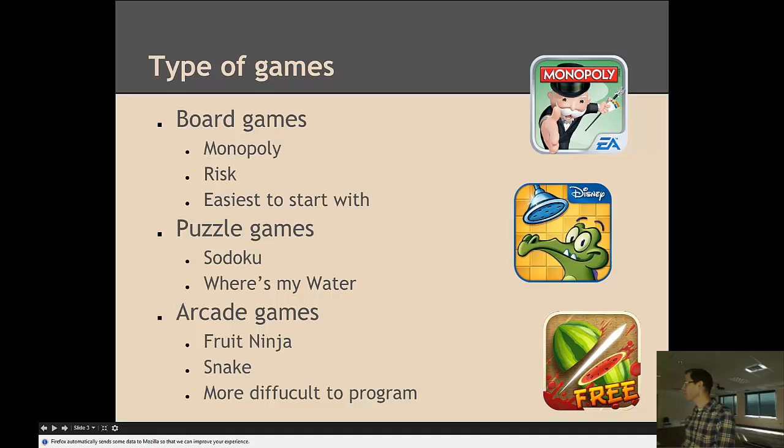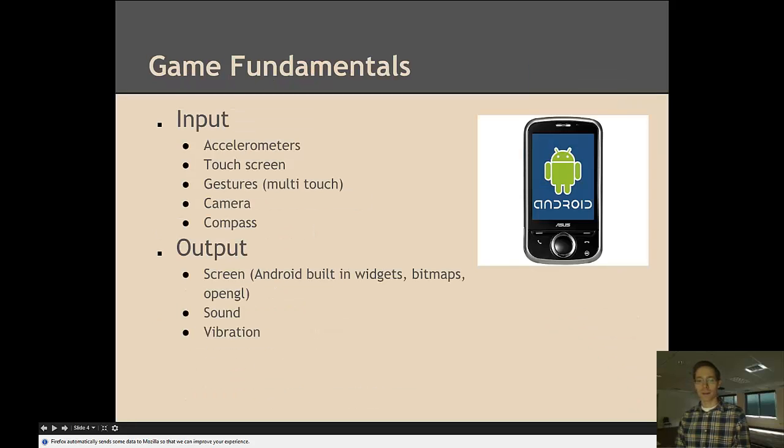That can be a little more difficult to program those interactions. So if you're new to this, you'll definitely want to start with an easier type of game like a puzzle or a board game. And if you have any questions throughout the presentation, feel free to ask.